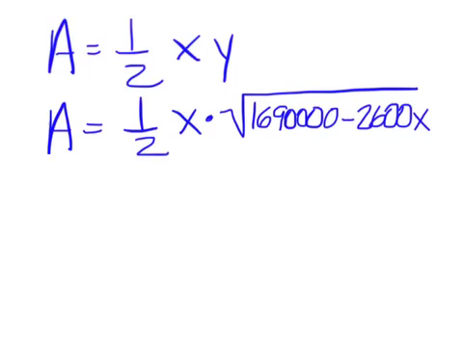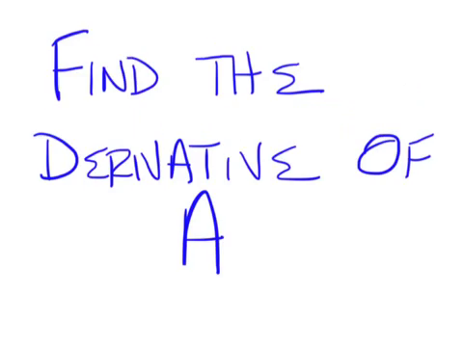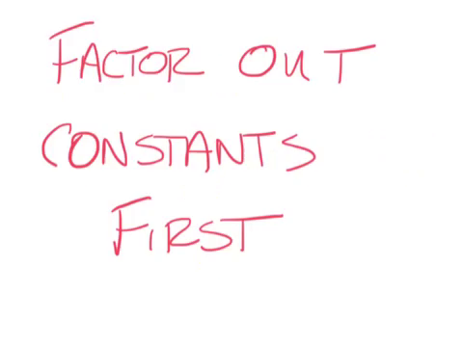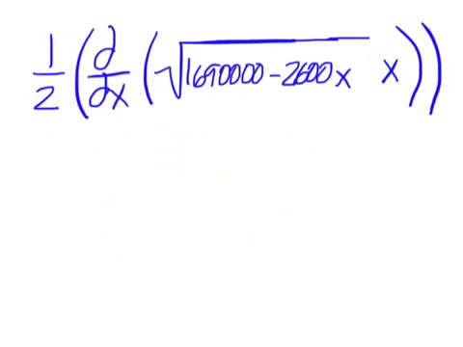And now we have to find the derivative of A. Factor out constants first to make this simple. So you have a half that was with that. Notice that I put the half outside, and that the x is on the outside of this quantity right here. It's the same thing we just had.